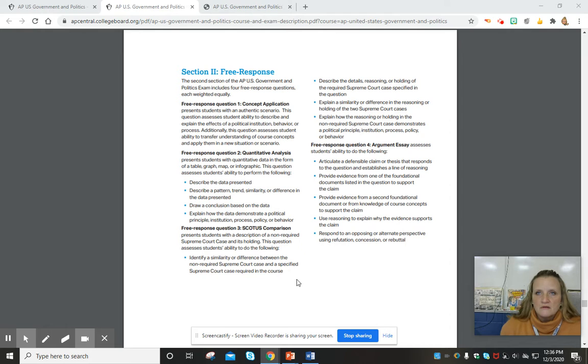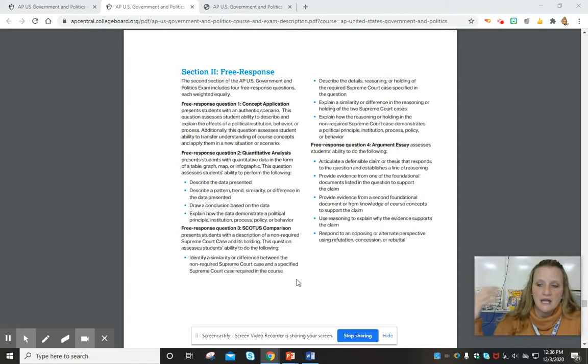So say, I don't know, a freedom of speech case. Oh God, I went blank. Tinker versus Des Moines. All right, that's a Supreme Court case that says you can wear the armband as a sign of protest as long as it's not disturbing anybody.